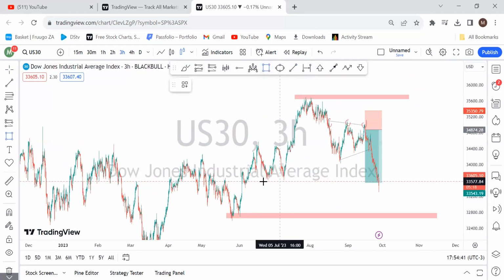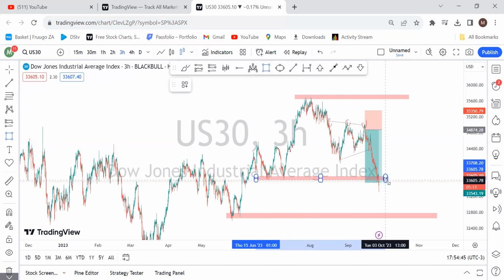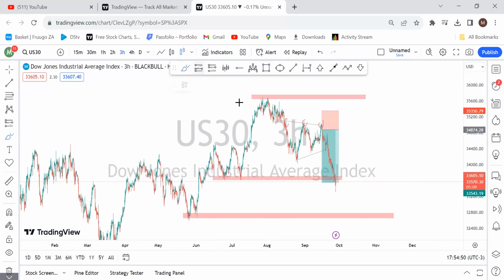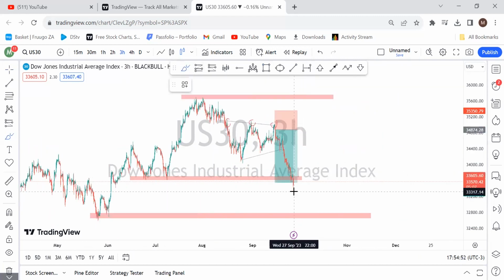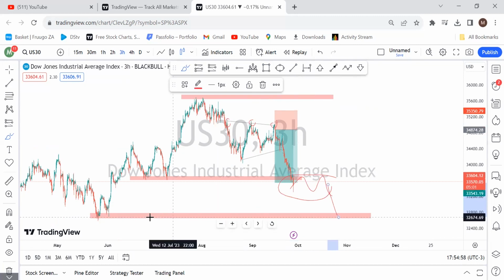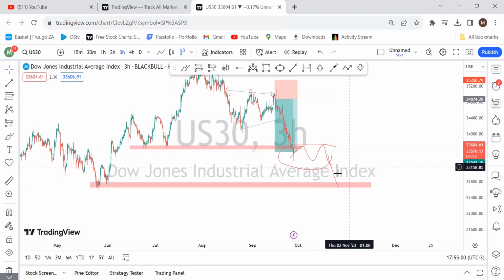And looks like we also have this significant level that we obviously broke. So what could happen from where it is, we could get a nice correction to complete this sell all the way to the main support, right?